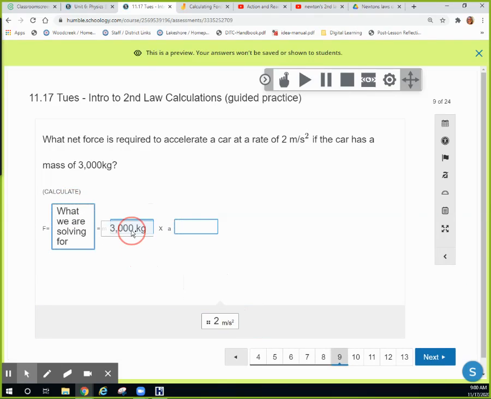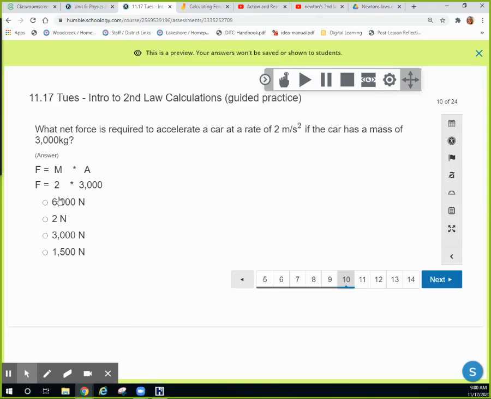Mass was 3,000 kilograms times acceleration, which was 2 meters per second squared. So our answer was 6,000 newtons. Okay, so there were several steps that we went through in trying to practice identifying the information given to us and plugging that in to the formula.